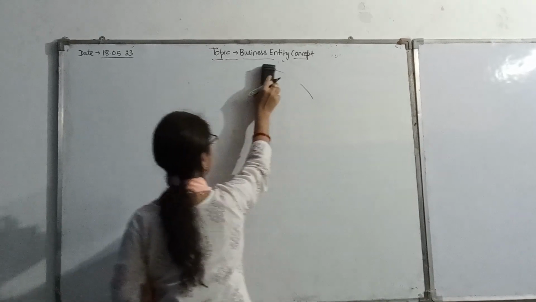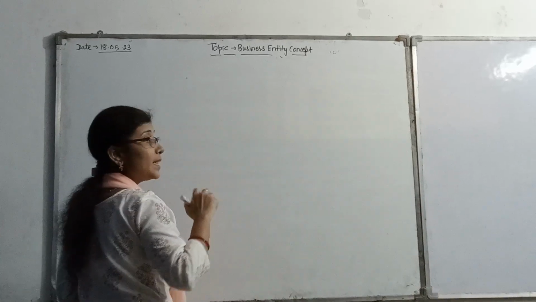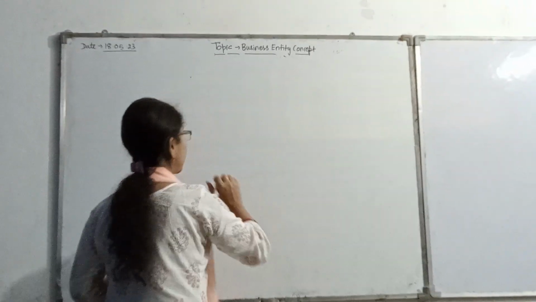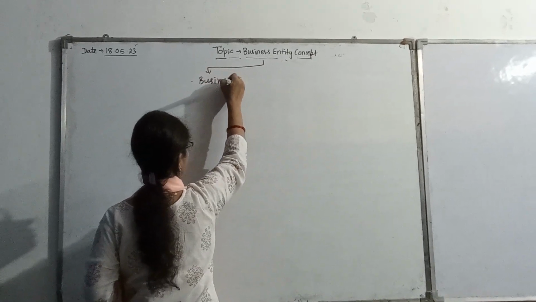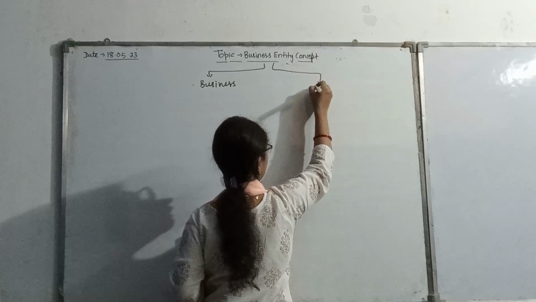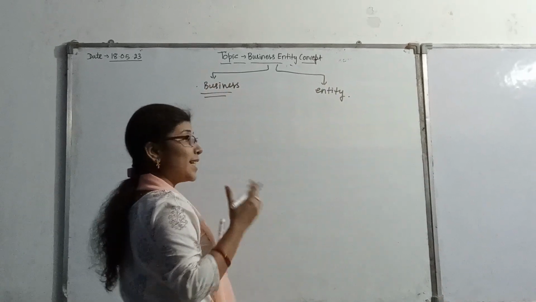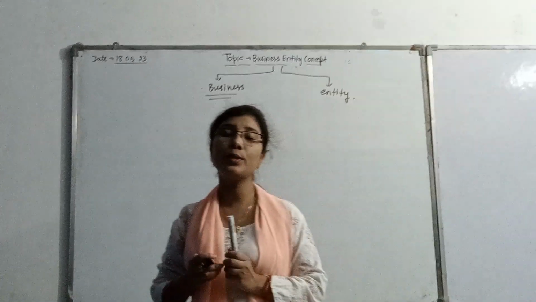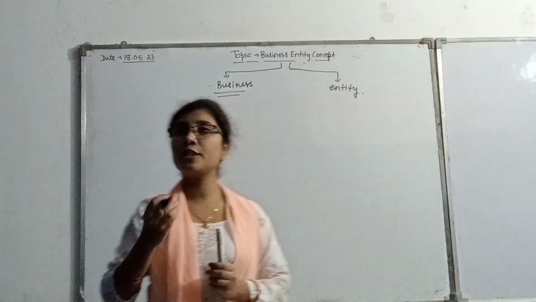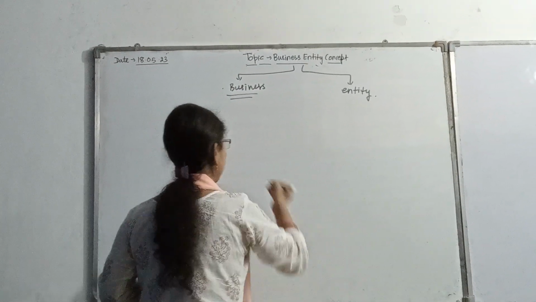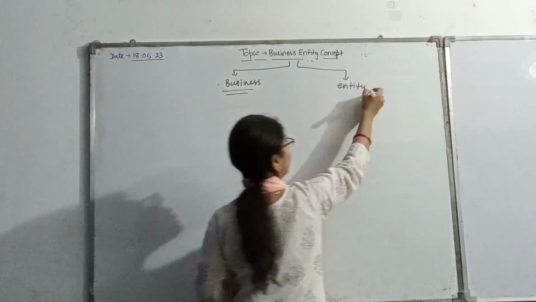Now if we talk about the definition, what does business entity concept mean? It consists of 2 parts, that is business and entity. Business means the transactions which we consider in our daily life, like purchasing a marker, as well as the business activities. And the entity is the owner.